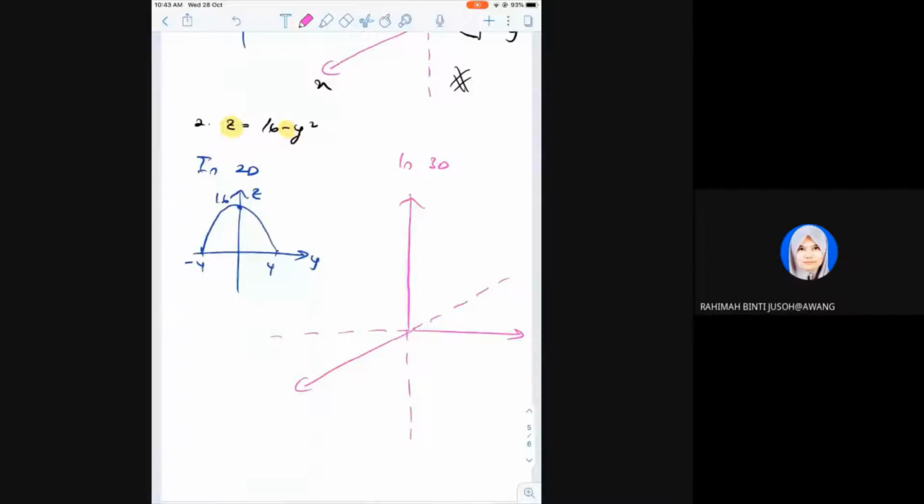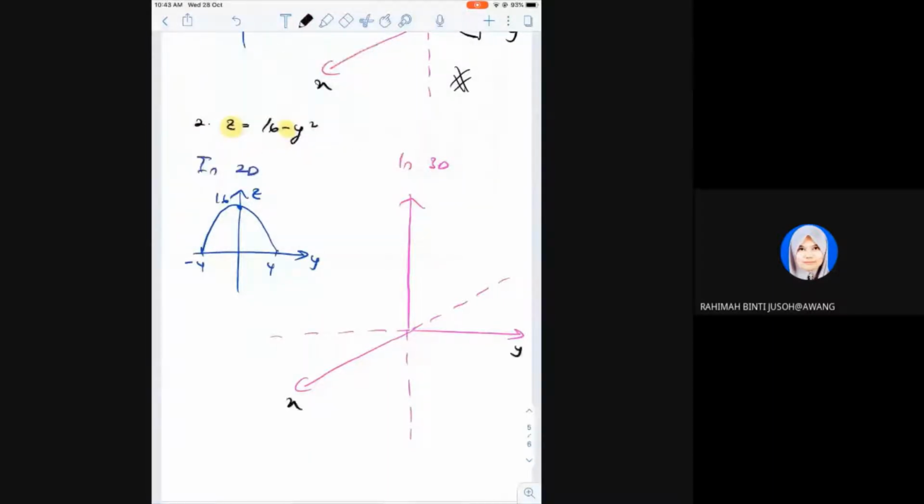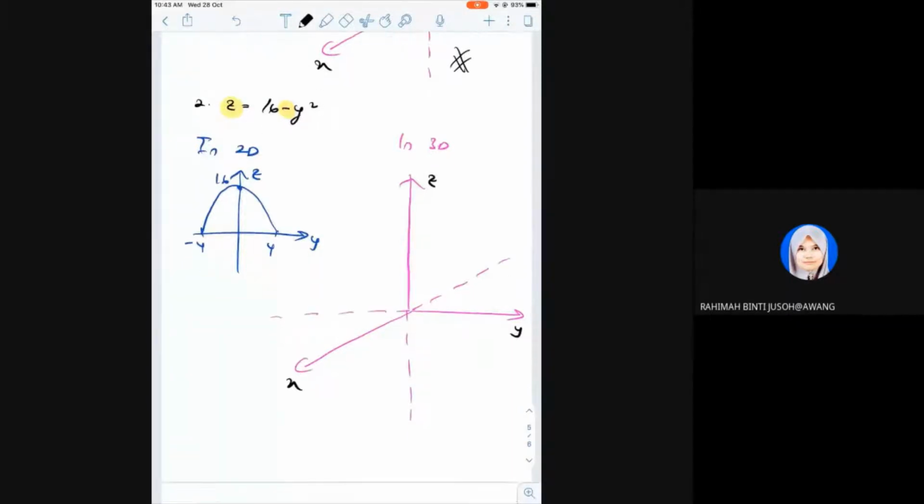Now, this is x-axis, y-axis, z-axis. So, ini mudah lah. It should be easier because we have z, y. Memang position dia sama kan? So, z equals to 16, y equals to 4 and negative 4. So, it should be like this. Here is 4, right here is negative 4, right here is 16.